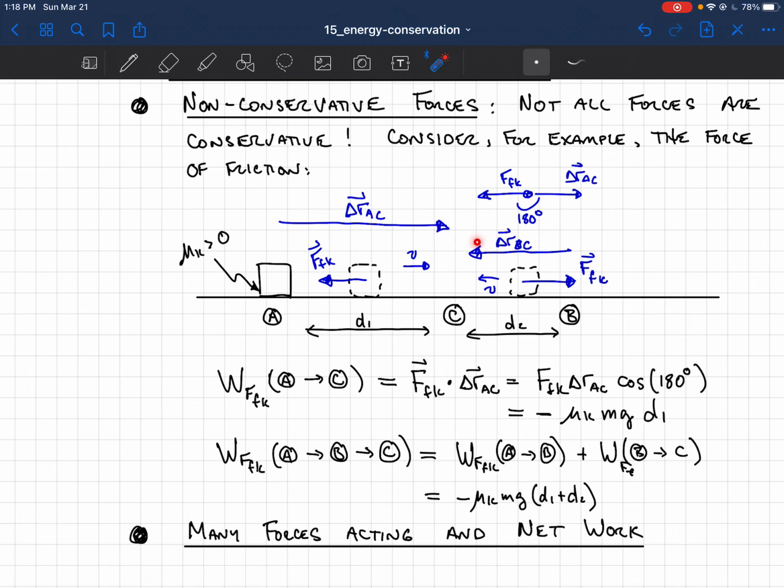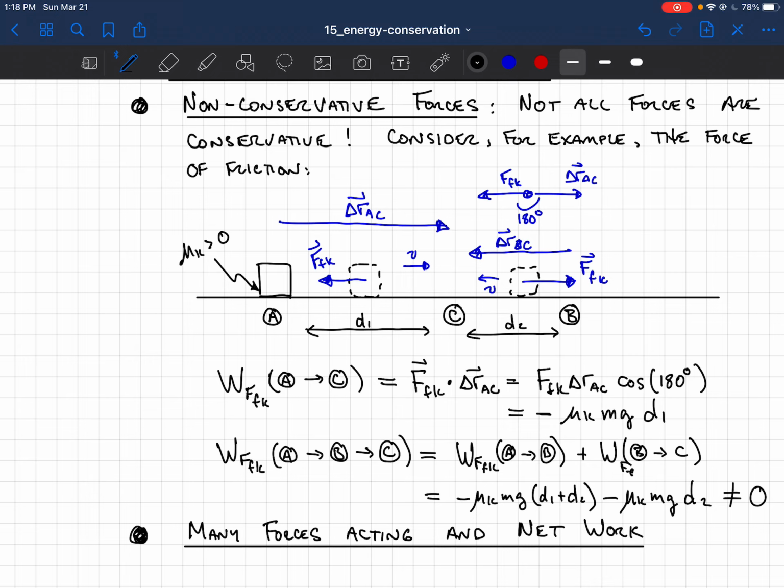Again, the force and the displacement vectors point in opposite directions, so I'm going to get a negative work, which involves this d2. So I'm going to get minus mu k mg d2.